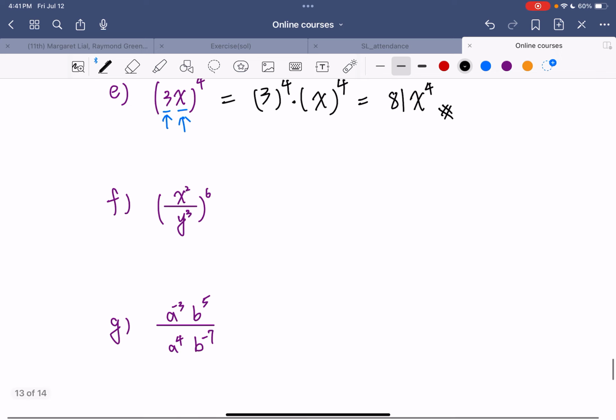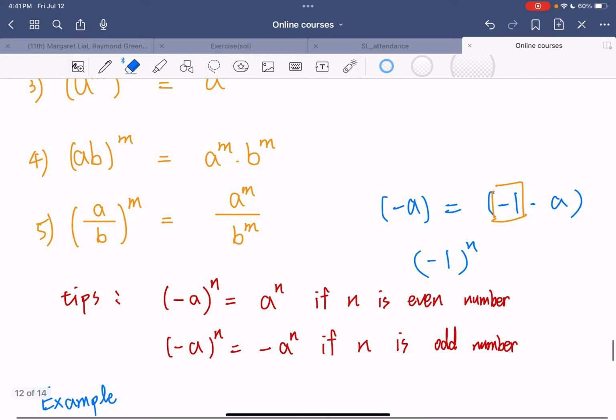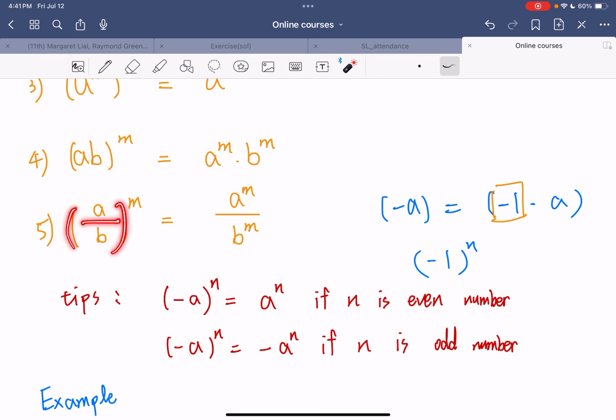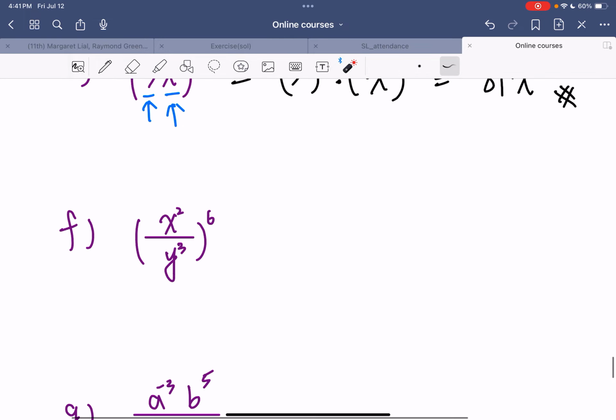Okay. Next is property 5 here, because there's a rational expression outside the bracket with an exponent. What we do is both numerator and denominator get the exponent. That's all. So let's do it.